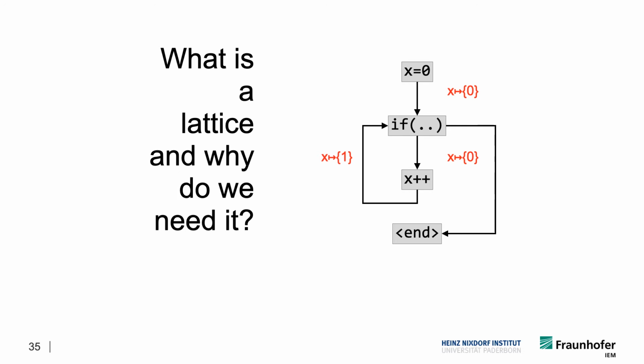And now at this point, we certainly know that given that x was 0 at this program point, it's now definitely 1. It cannot be anything else under this assumption that we had this value here previously, okay? Now we have to merge this here, right? So one branch is telling us x is 0, one branch is telling us x is 1.